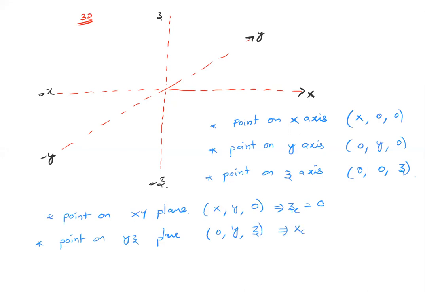X coordinate is 0. Similarly, if you are taking a point on the xz plane, x comma 0 comma z will be the coordinates. The y coordinate is 0. So in 3D you will have the figure like this and you have the dimensions.